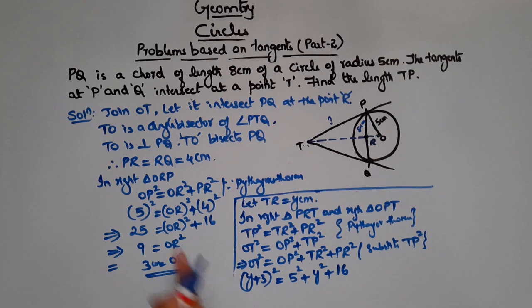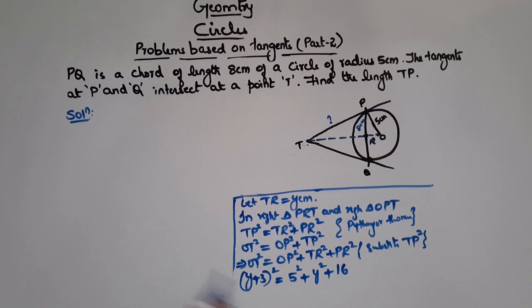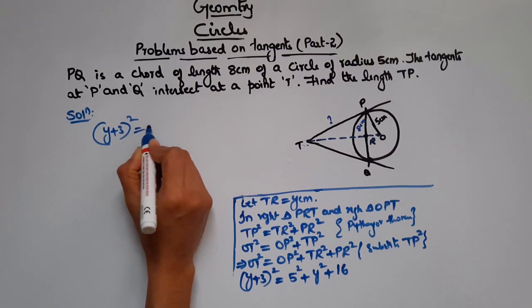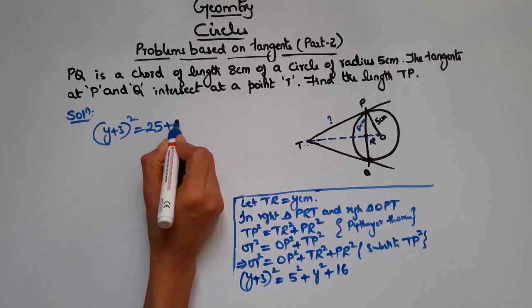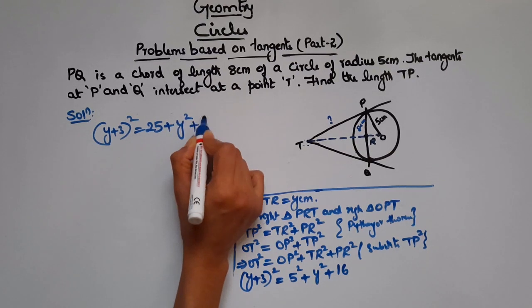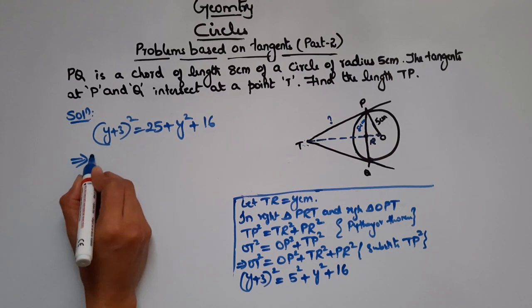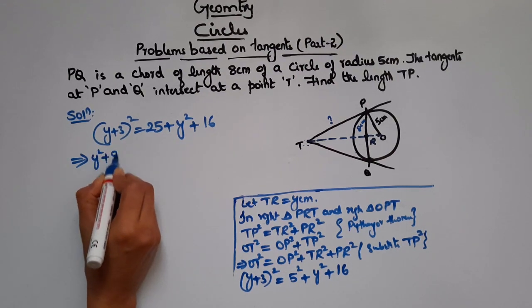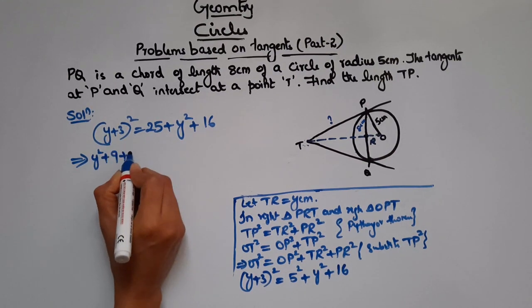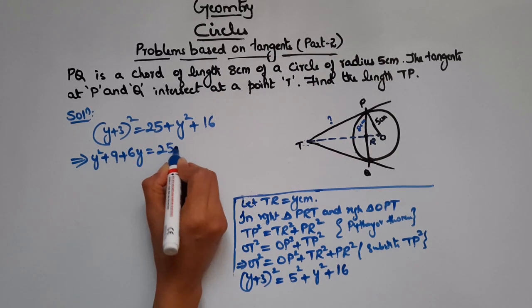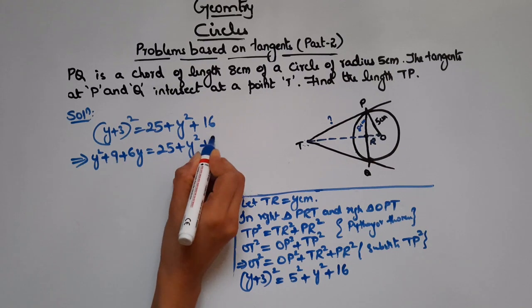So now let's simplify this. But before that, pause the video and note this down. We have Y plus 3 the whole square is equal to 5 square, which is 25, plus Y square plus 16, right? This is of the form A plus B the whole square, so A square plus B square, which is 9, plus 2 into AB. 3 2s are 6, so 6Y is equal to 25 plus Y square plus 16.